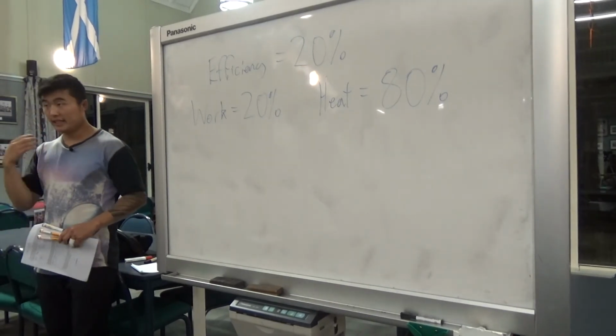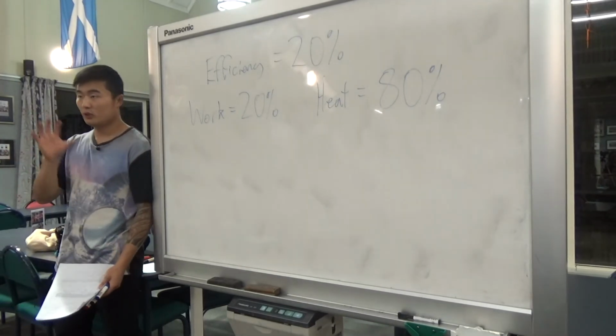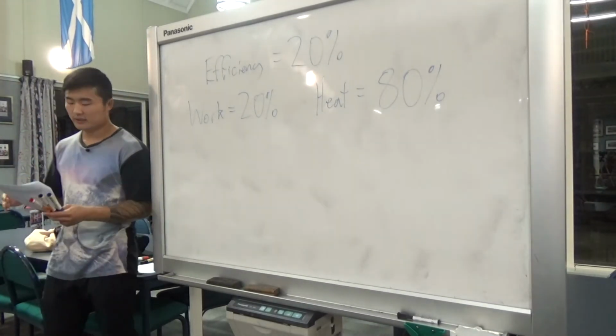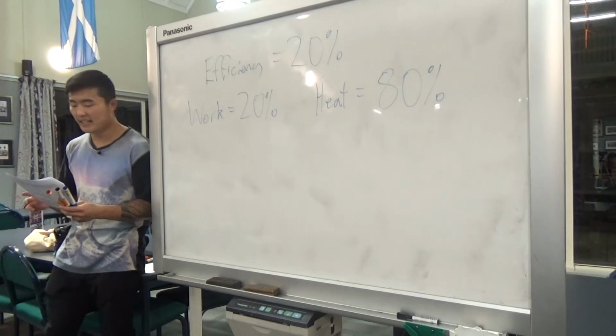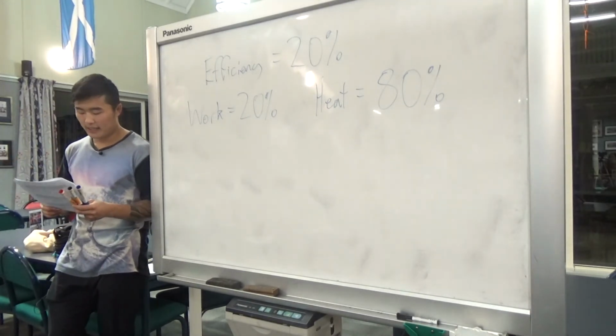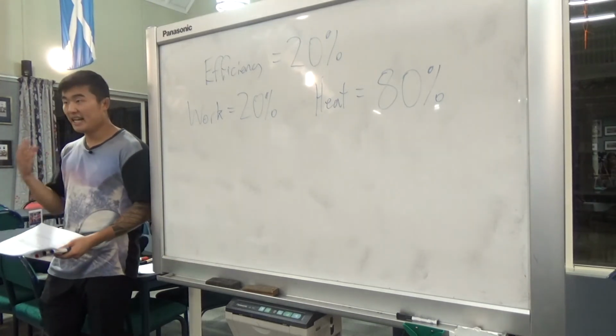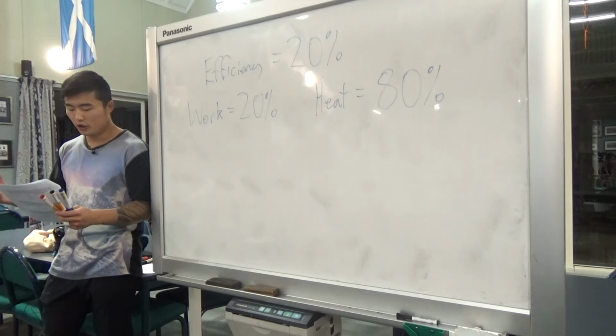Because the energy that she uses up is only going to be turned into work or heat. Okay, so that's important to realize. Once you realize that, it makes these questions a lot easier, because then you know that the amount of heat she's producing is going to be 80% of the total.